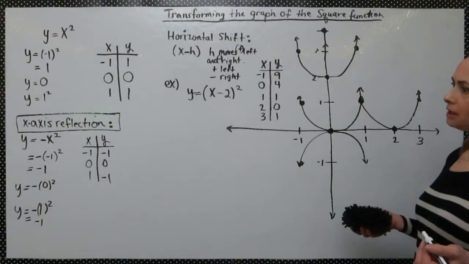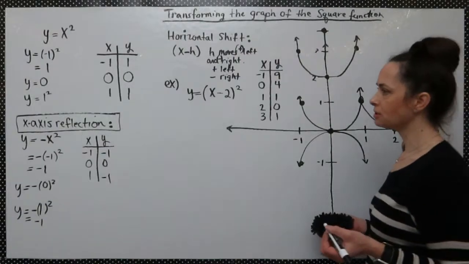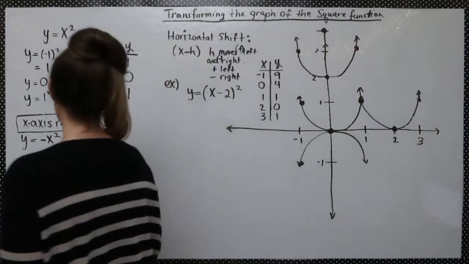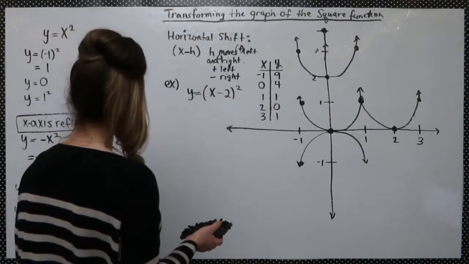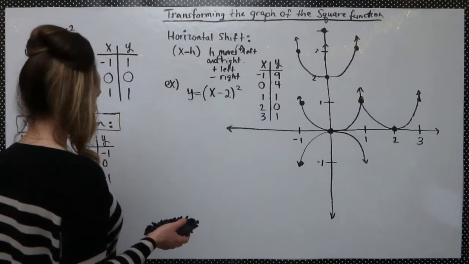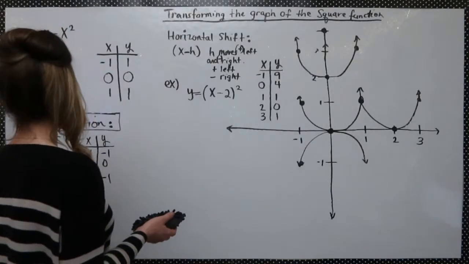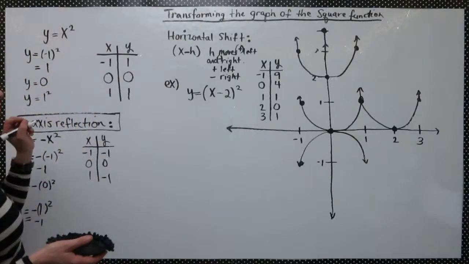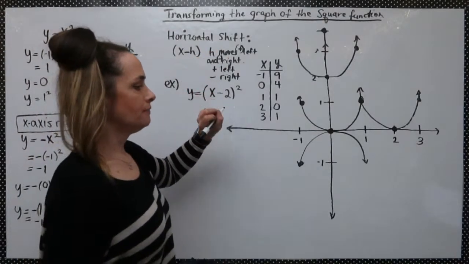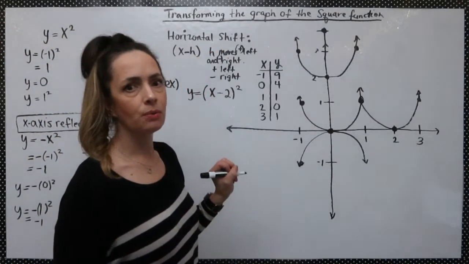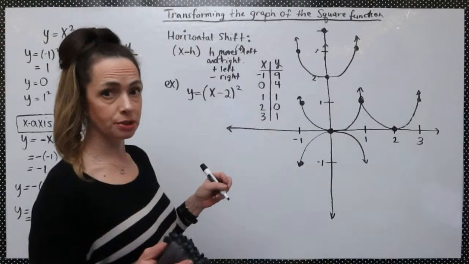the only other major transformation for these graphs that we need is the vertical stretch. So we had horizontal and vertical shifts, but what we also have is horizontal and vertical stretches.